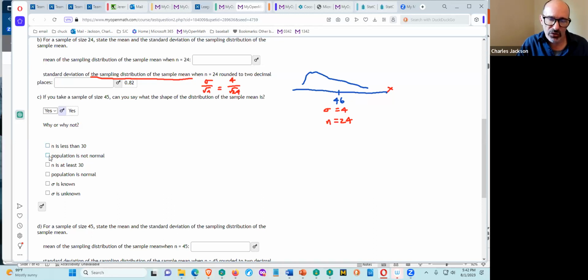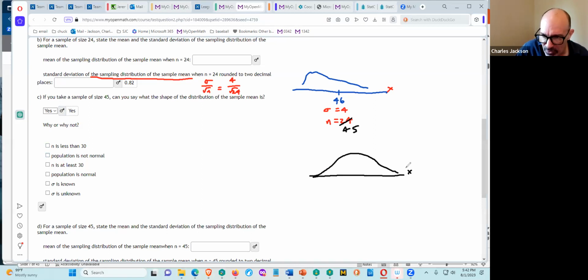Population is still not normal, but that's not a reason why we're going to say that the sampling distribution of the sample mean is now normal. So n is now 45. Now we're going to get this nice bell-shaped curve for the sampling distribution of the sample mean. What's the sample mean? X bar. So this is a distribution not of x's, but of x bars.